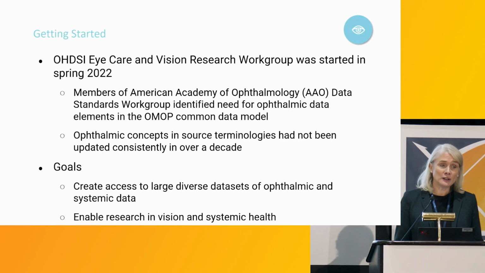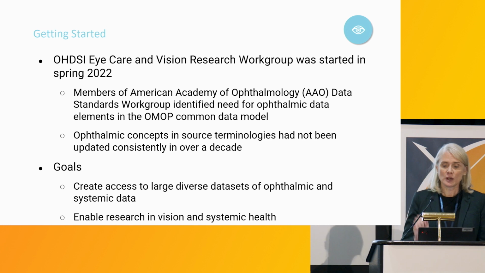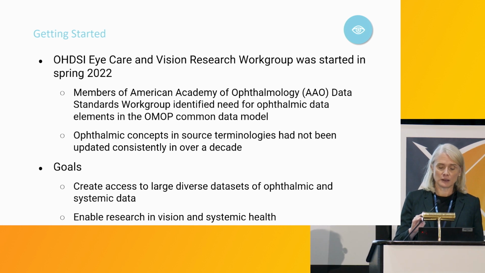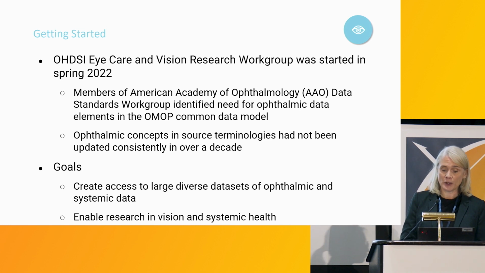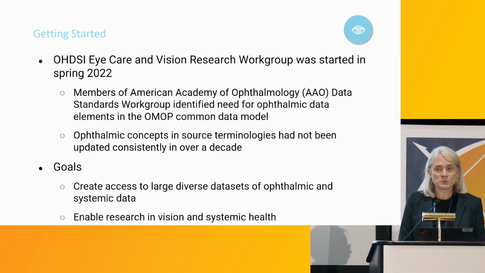So we got started in the spring of 2022 because a need was brought up by the American Academy of Ophthalmology, AAO work group on data standards. And this was mostly coming out of the desire for eye exam data to be included in data generation projects like All of Us, N3C, and Bridge to AI.